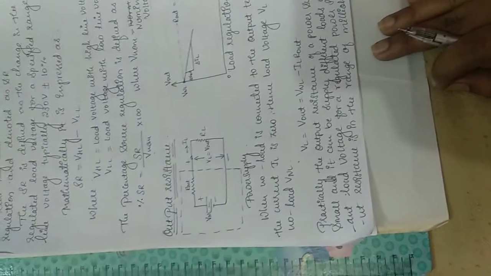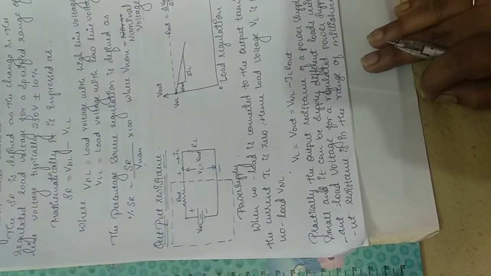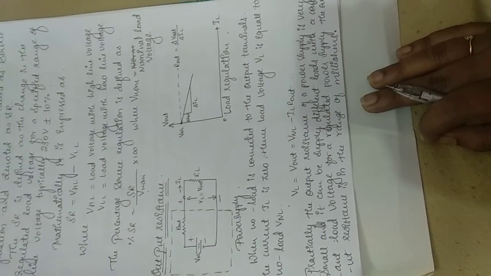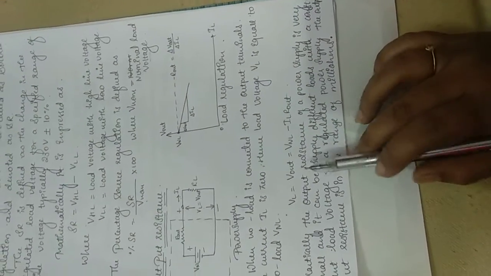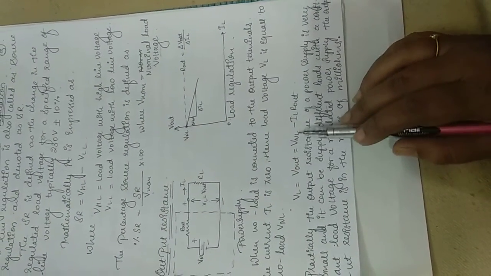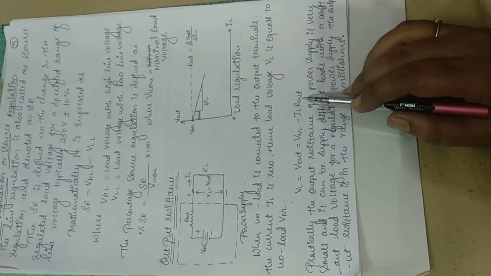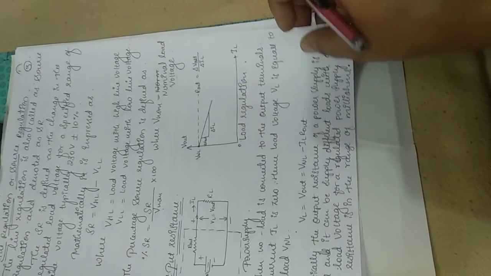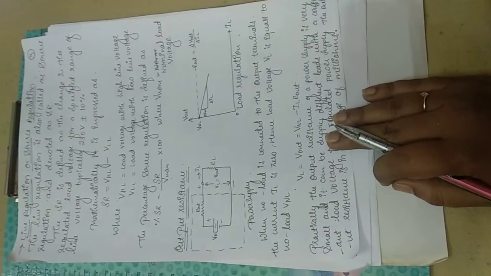So VL is equal to VNL. But when we apply a certain load resistance, then VL equals Vout equals VNL minus IL into Rout. Ideally, the power supply Rout must be 0 and Vout must be equal to VNL.